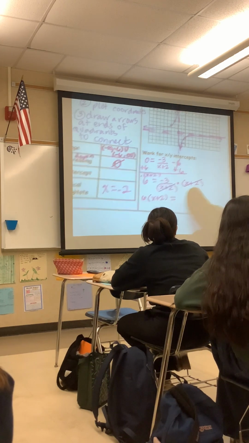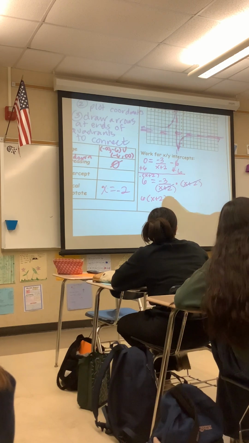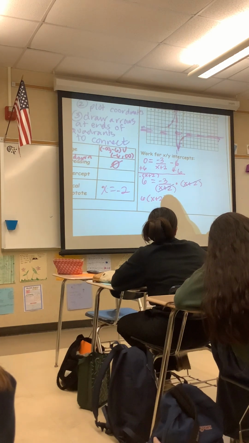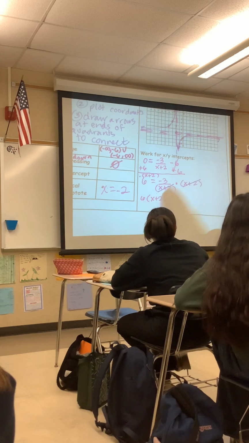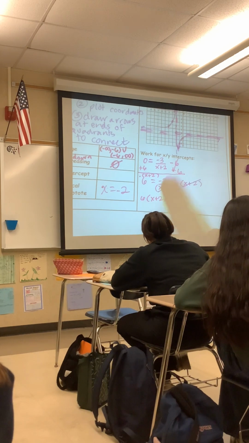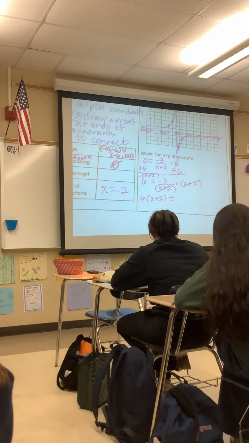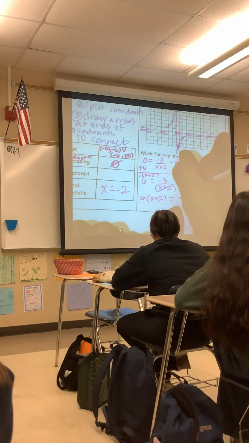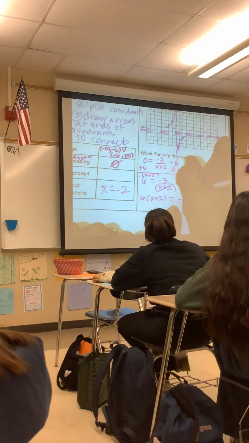A binomial can cancel out a binomial. A binomial cannot cancel out a monomial. Binomial, binomial cancels out. Monomial, binomial, no cancel. Has to be the same type of thing. Same number of terms, exact match. So all that's left on this side now is negative 3.